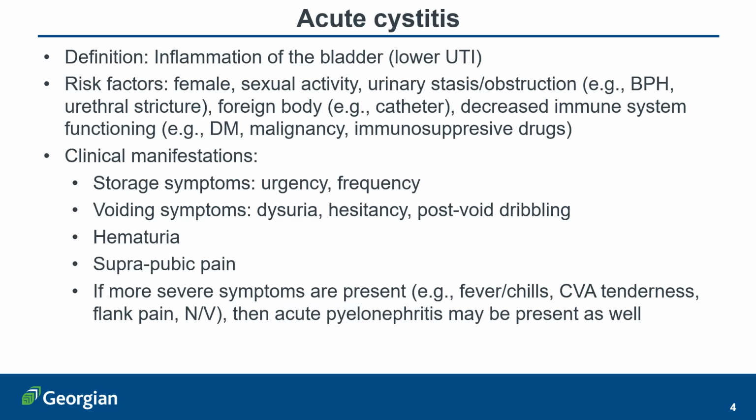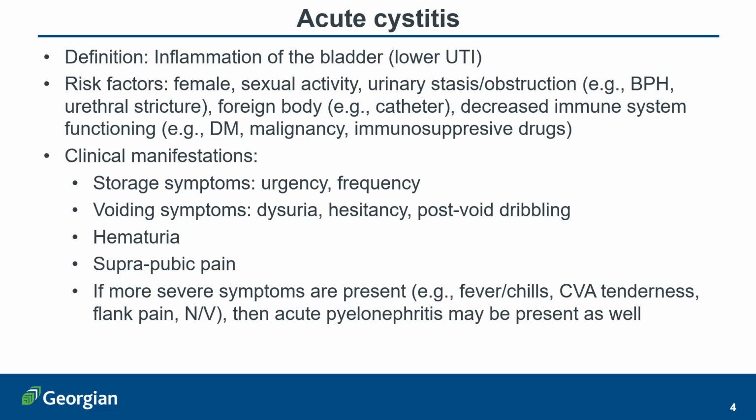Suprapubic pain, sometimes, especially if it's a little bit more severe, and if the symptoms are really severe, then it might not just be acute cystitis. So if there are severe symptoms such as fever and chills, costovertebral angle tenderness, severe flank pain, nausea and vomiting, then it's probably not just acute cystitis.